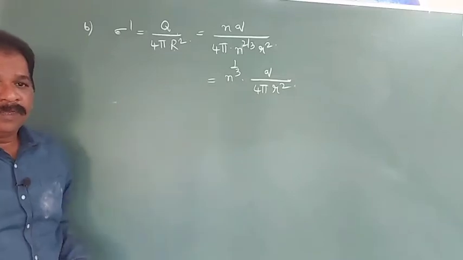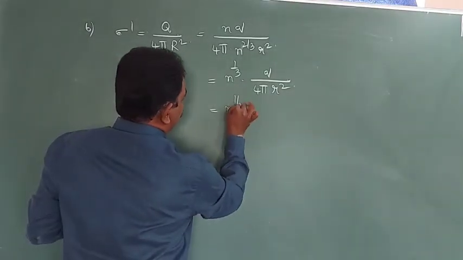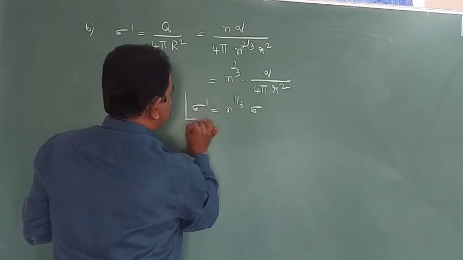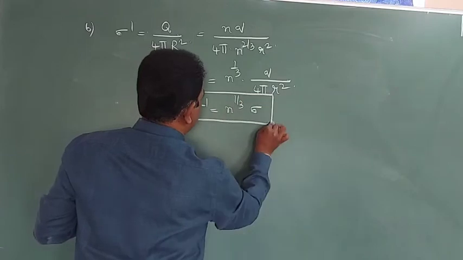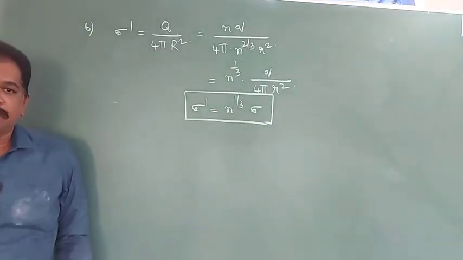Q by 4 pi r square is equal to sigma. So sigma dash is equal to n power 1 by 3 into sigma.